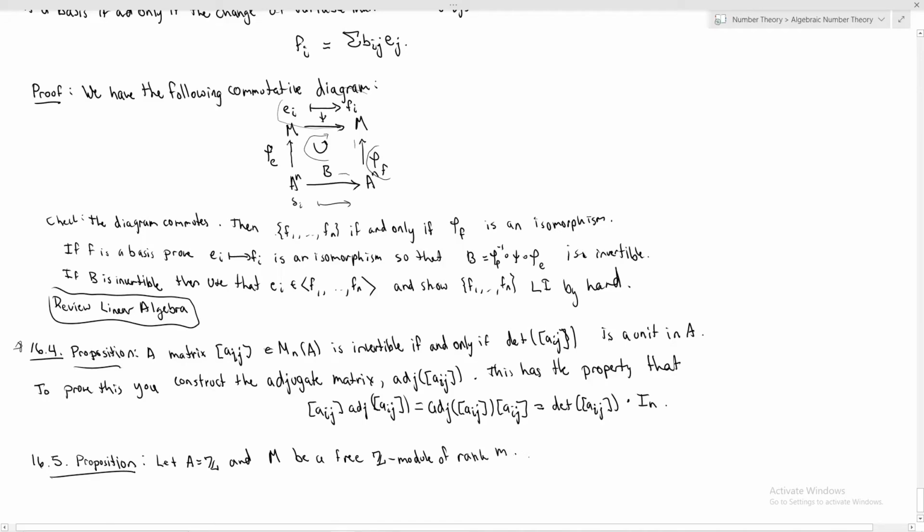Okay, and let's say we have linearly independent elements f1 through fm.